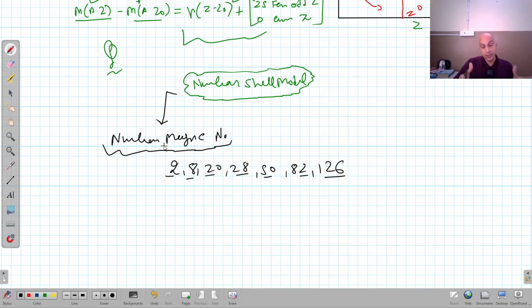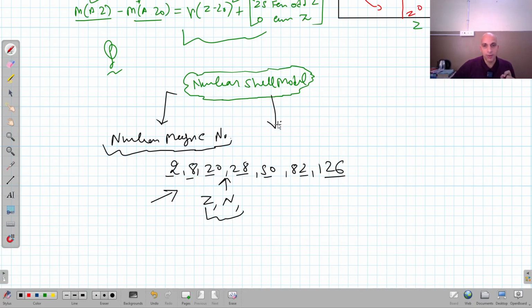So that's why we call them magic numbers. Every other nucleus in nature has the tendency to acquire this configuration. Once again, if any nucleus has Z or N or both equal to any of these numbers, then that nucleus is highly stable compared to its neighbors. That's why we call them nuclear magic numbers.